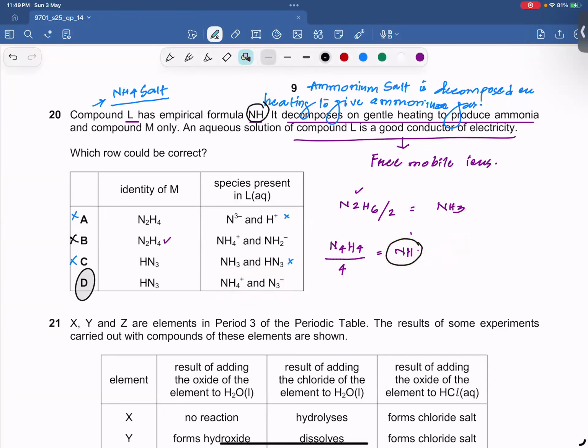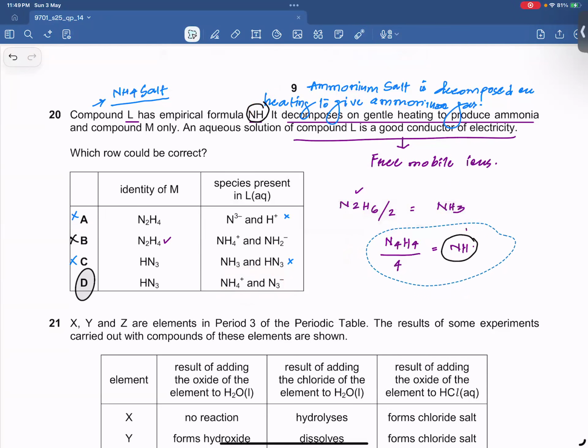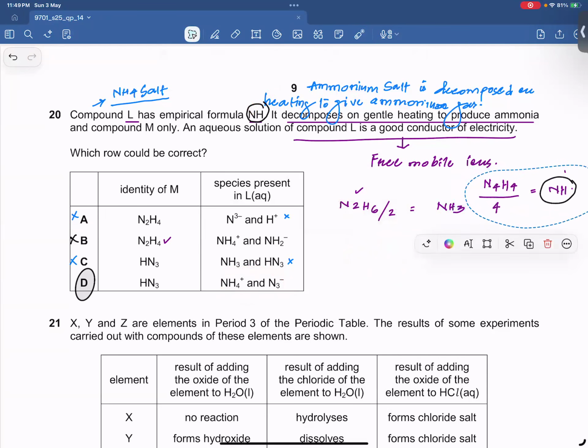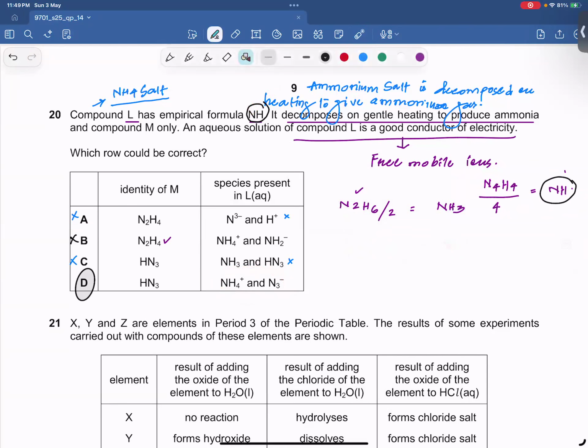Let me check one more thing. वैसे तो आंसर आ गया है, but let me check one more thing. If NH4 and 3 is decomposed on heating, it will turn to ammonia gas.